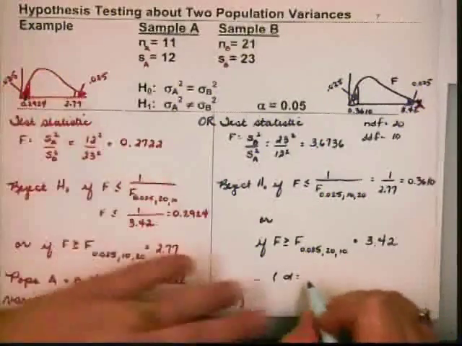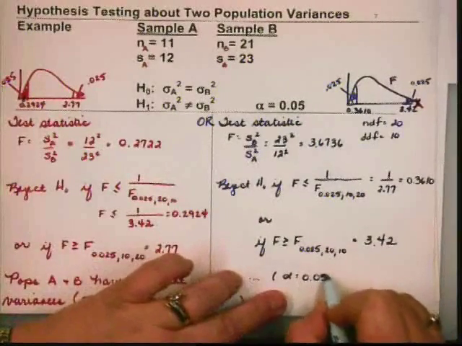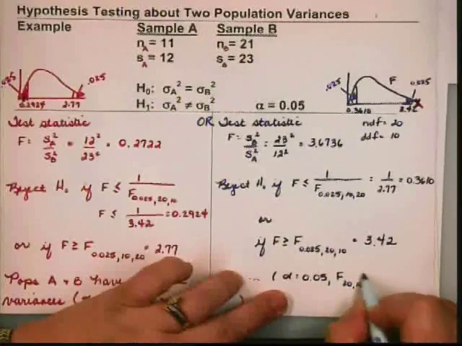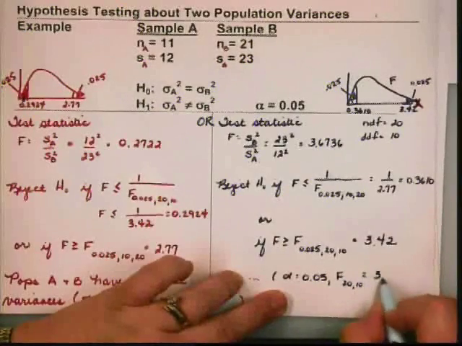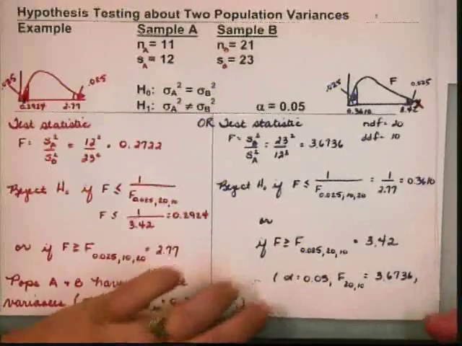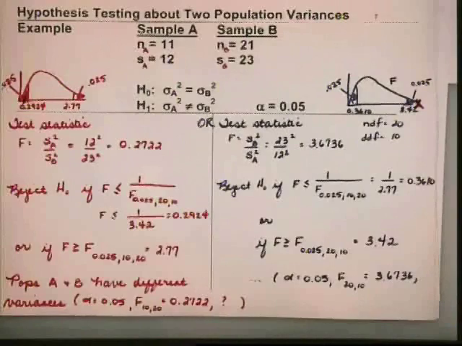Alpha equals 0.05. Our calculated value for F with 20 and 10 degrees of freedom is 3.6736. What would our p-value be? The p-value is going to be the probability that an F with 20 numerator and 10 denominator degrees of freedom is greater than or equal to 3.6736, and then multiply that probability by 2.